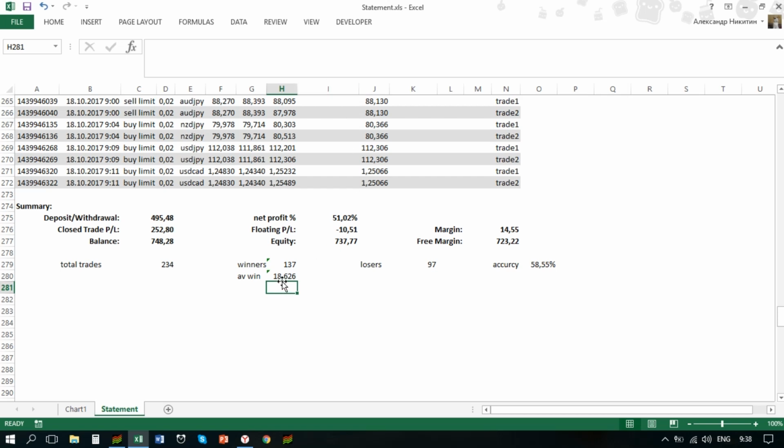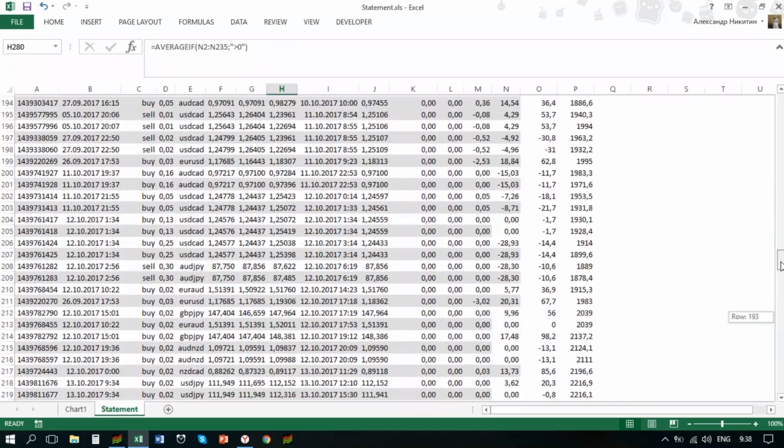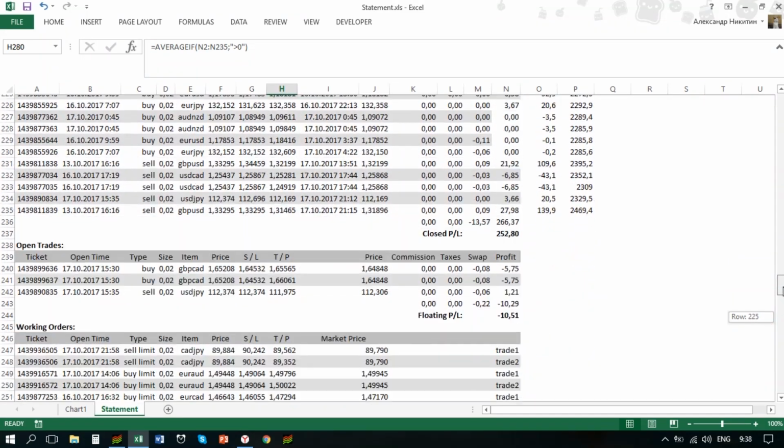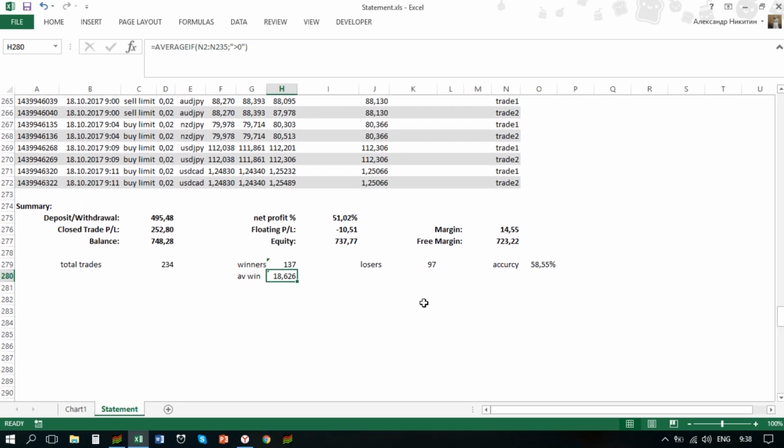It will give me not this range. Let me have not money, but pips. This is in dollar value, so the pips value is this, O to O, and more or equals to 0. O to O, more equals to 0.